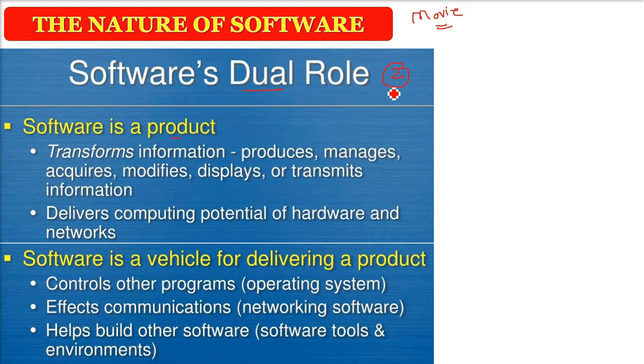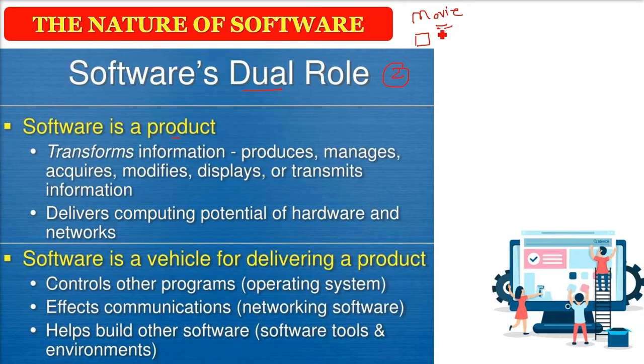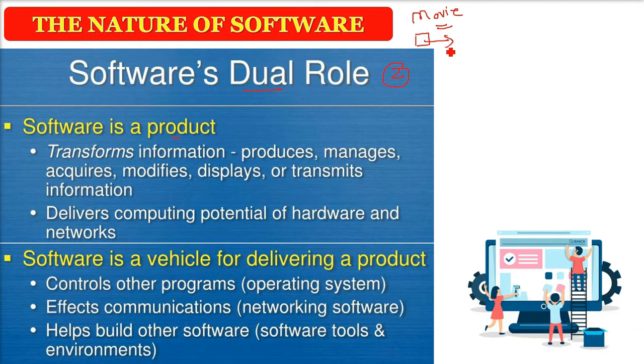The user gives some input to the software, or gets some options. He books the ticket, does the payment, and gets the ticket on his email or on WhatsApp, etc. So software is a product when it transforms information: producing, managing, acquiring, modifying, displaying the information, and also transmitting it via different modes.